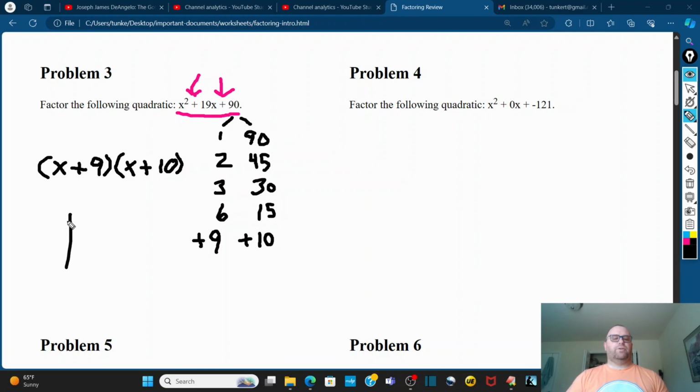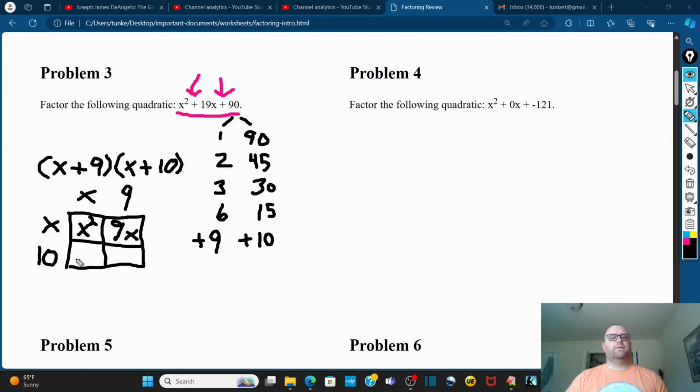And again, if I want to do the review, let's do the review for this one. So I'm going to draw out the Punnett square here. I have my x plus 9 here, my x plus 10 here. X times x is x squared. X times 9 is 9x. X times 10 is 10x.